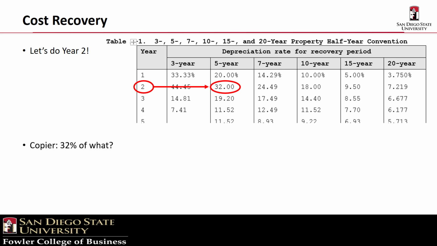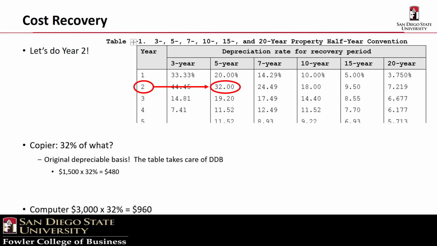The tables have the double declining method built in, so we do not apply the factor to the adjusted basis, but rather the original cost. $1,500 times 32% is $480. We can do the same thing for the computer, and the depreciation is $960.